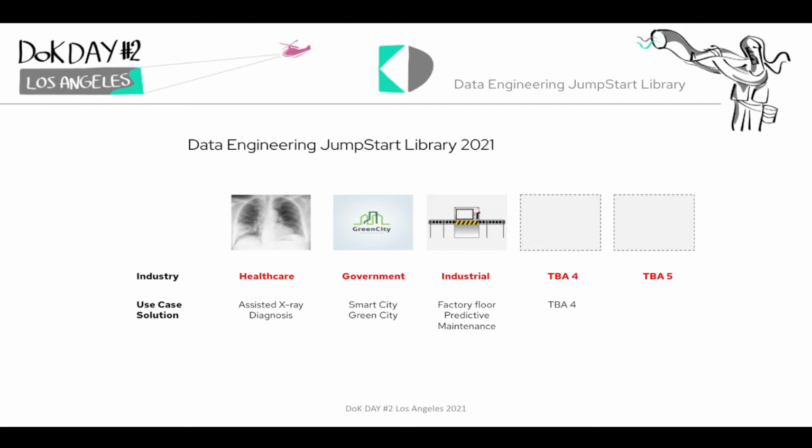For government, we have identified smart city and green city. And for industrial, right now we have completed the factory floor predictive maintenance use case. We are also working on some more industrial vertical use cases like financial and oil and gas, but those are yet to be worked on.